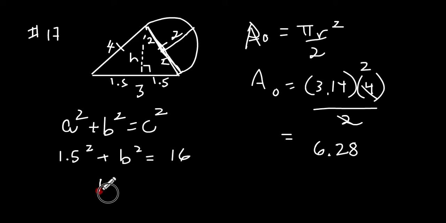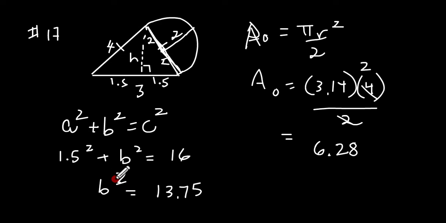So we get b squared equals 16 minus 1.5 squared, which is going to be 13.75. And then we're going to have to take the square root of both sides.